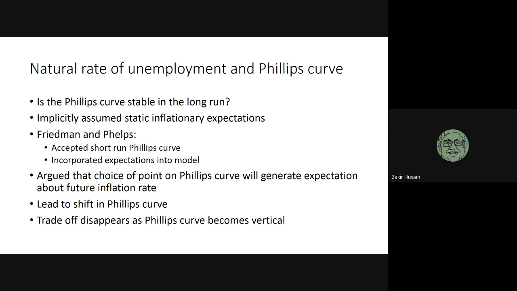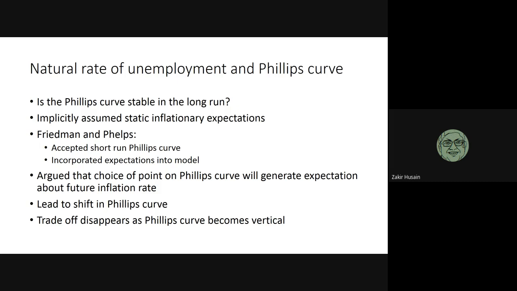Their argument was that the earlier economists had implicitly assumed that inflationary expectations were static. And this assumption implied that the Phillips curve would be stable in the long run. Friedman and Phelps started by accepting a short run Phillips curve. They said, yeah, in the short run, the Phillips curve is negatively sloped and it is stable.